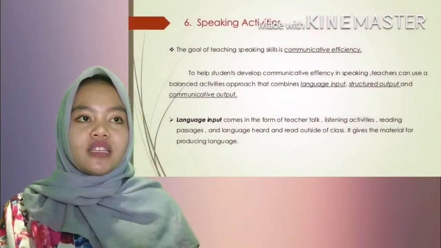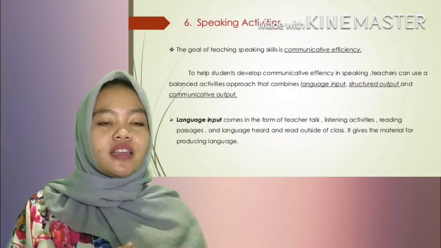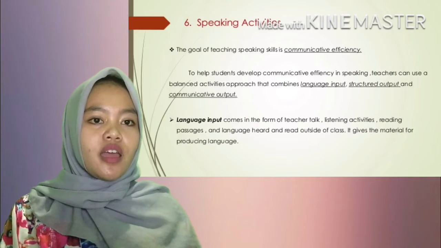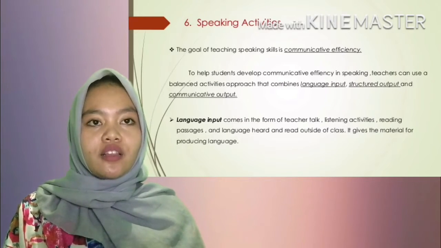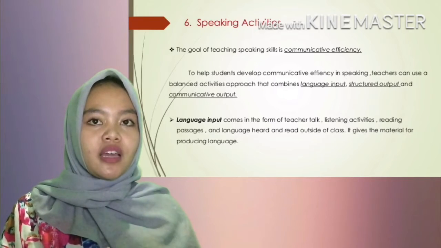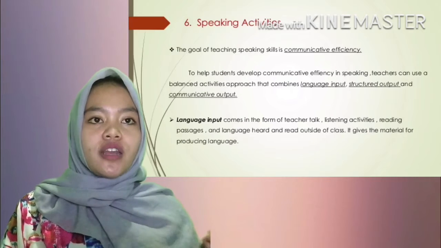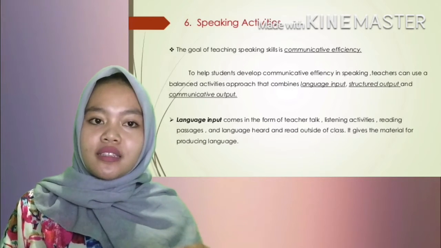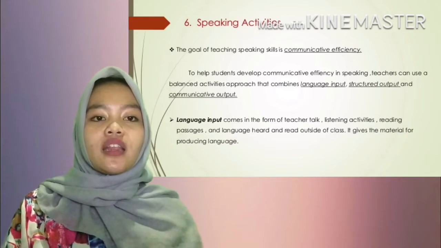And the last is I'm going to explain speaking activities. The goal of teaching speaking skill is communicative efficiency. To help students develop communicative efficiency in speaking, teachers can use a balanced activities approach that combines language input, structured output, and communicative output.